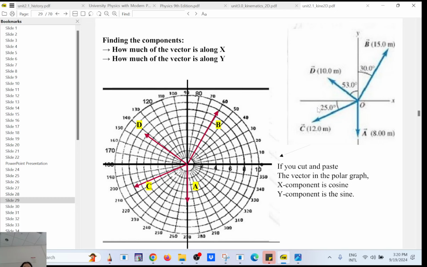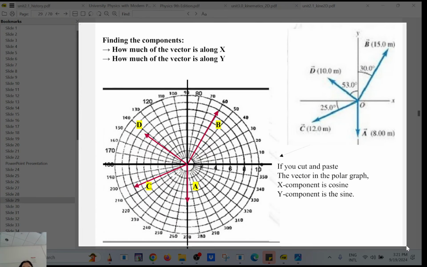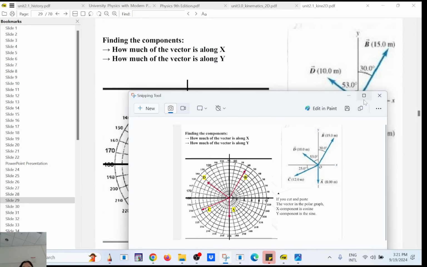If not, you cut and paste in the polar graph. You see it says 30 degrees from the positive y-axis. So you cut and paste into here, and that's easy. So that's for the people who forgot their trig or didn't read my announcement about reviewing CAD Academy.